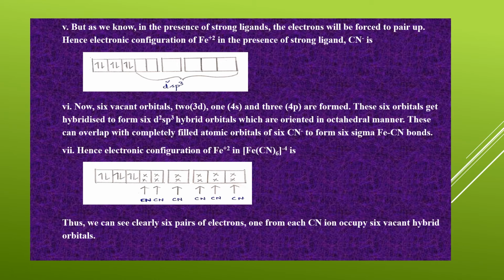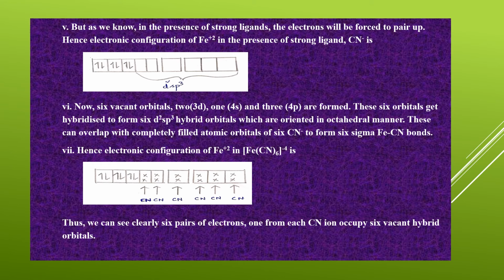They are oriented in octahedral manner, and these orbitals can overlap with the completely filled atomic orbitals of 6 CN- groups and form 6 sigma Fe-CN bonds.